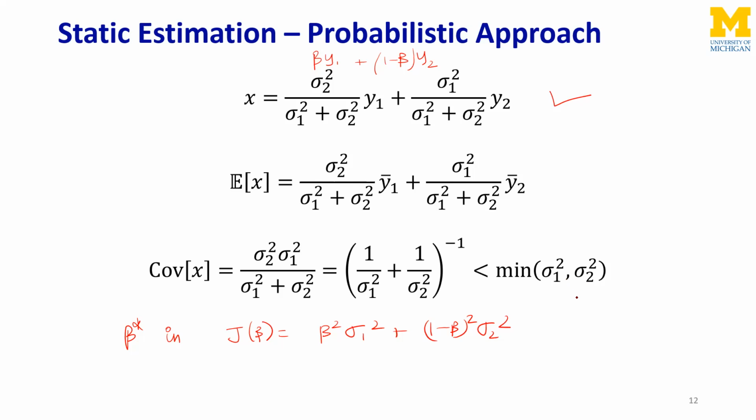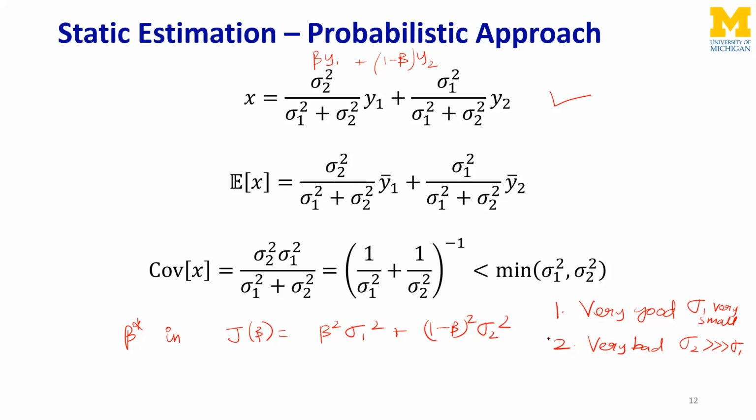One of the observations to make here is that no matter how bad your sensor is, let me start again. Let's suppose you have two sensors. First sensor is very, very good, which means sigma 1 is very small. And the second sensor is very bad, which means sigma 2 is much, much worse than sigma 1.